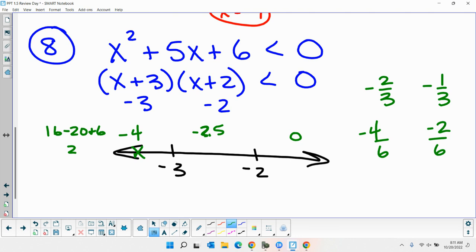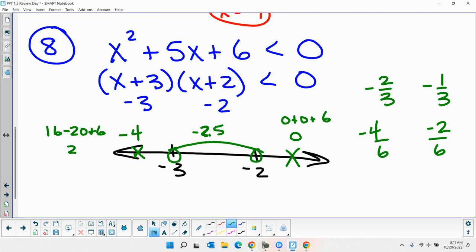All right, and if that end doesn't work, what's it going to mean to me? It's going to be in the middle, right? So then maybe I don't have to worry about putting that in the calculator. But you can put it in the calculator, right? But if I get 0 squared, I get 0. 5 times 0 is 0. Plus 6 would be 6. Is that less than 0? No. All right. So it's going to be open circles because it was just less than. And that's going to work.